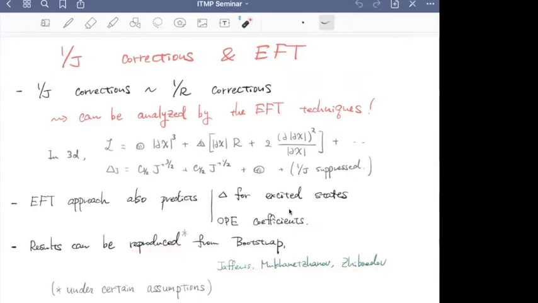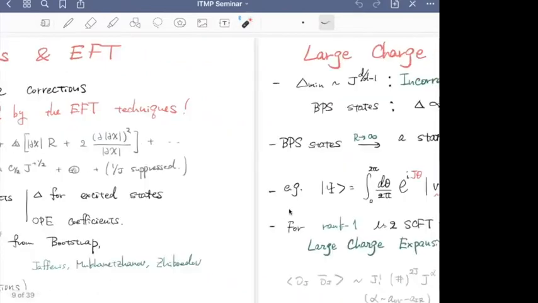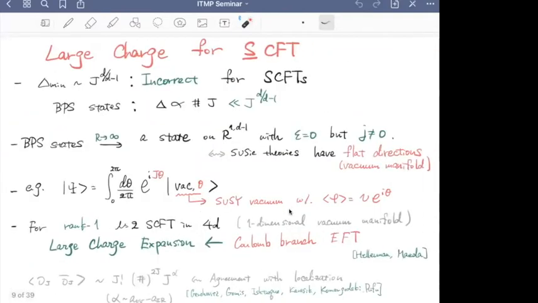Okay, so this was a very, very quick review of what the EFT of the large charge was. However, if you know superconformal field theory, then as soon as I show this formula, you immediately say that this must be incorrect.